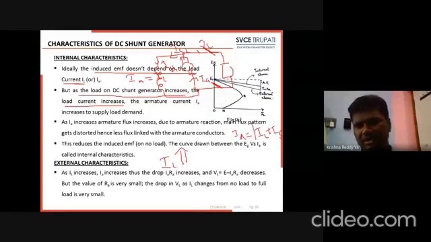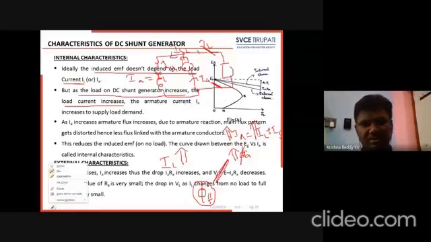As the load current increases, to meet the increased load current, the armature current also increases. As the armature current increases, the flux produced by the armature winding increases. This increased armature flux affects the main field flux, and then we get armature reaction. The effect of armature flux on the main field flux is known as armature reaction.